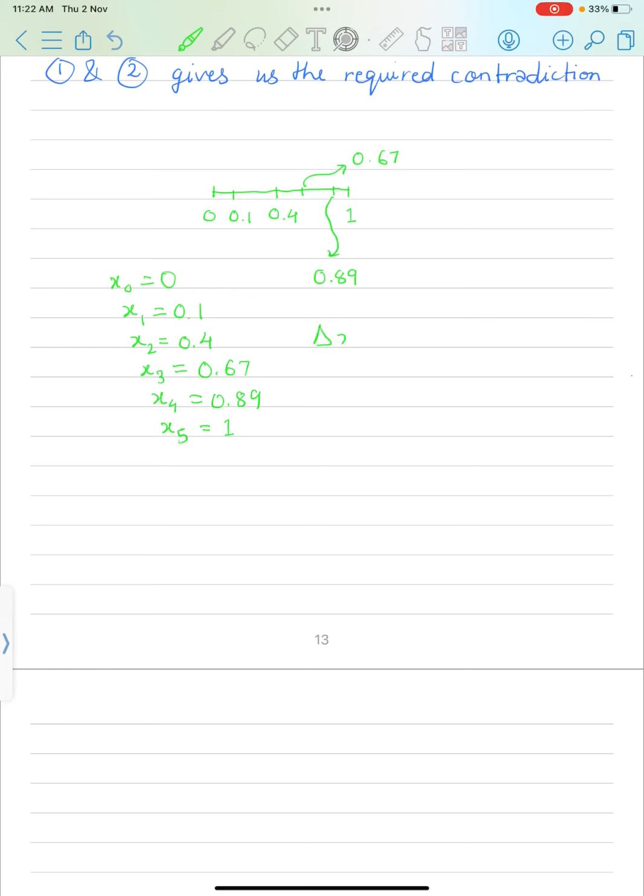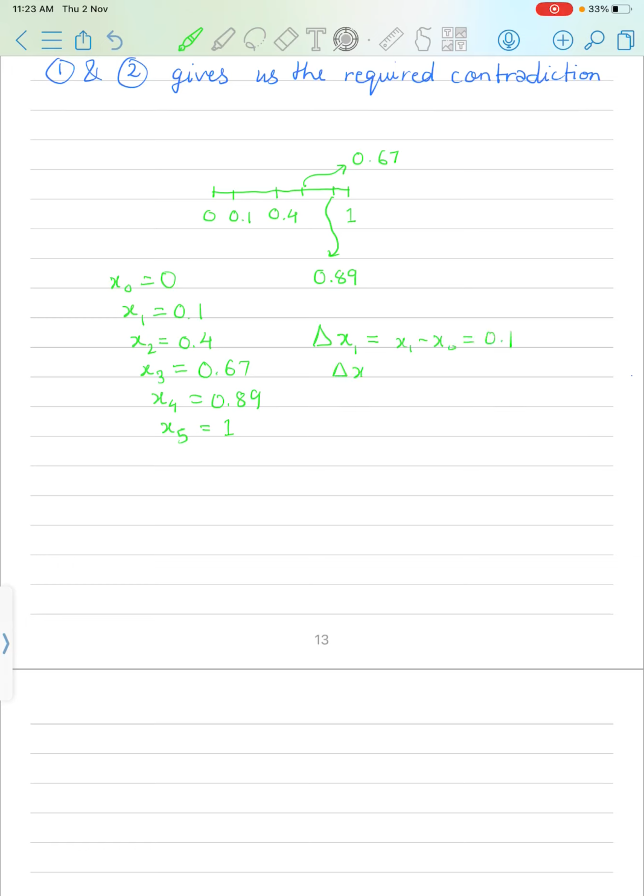Let's calculate delta xk. Delta x1 is x1 minus x0, that is 0.1.